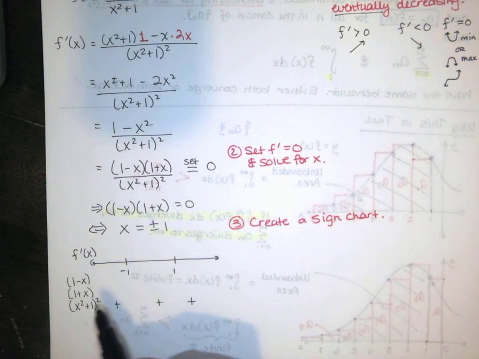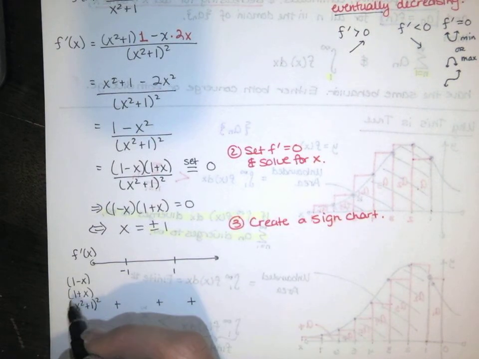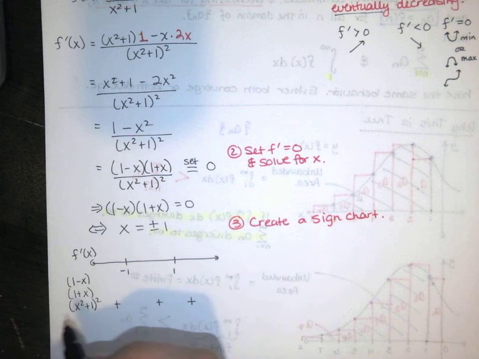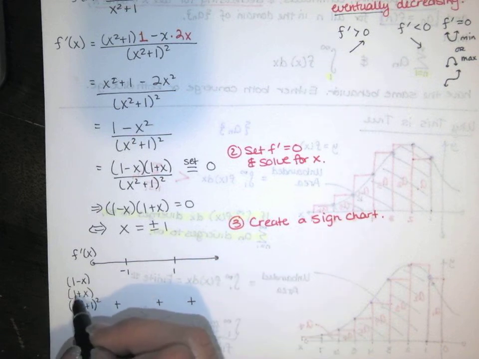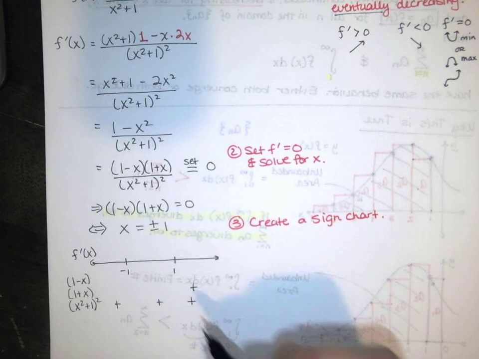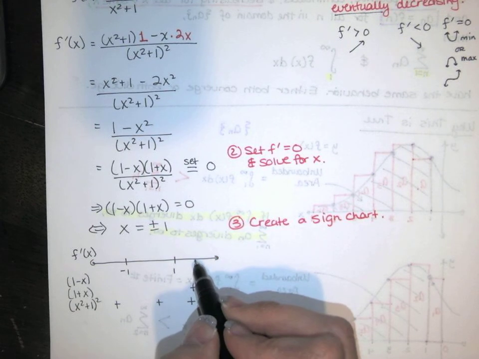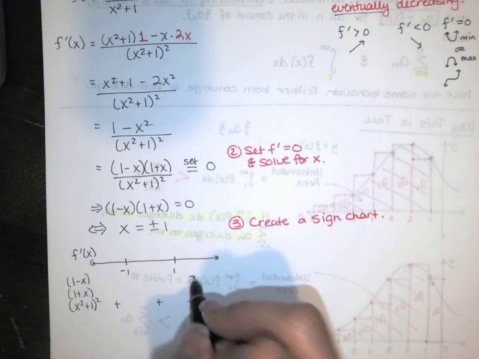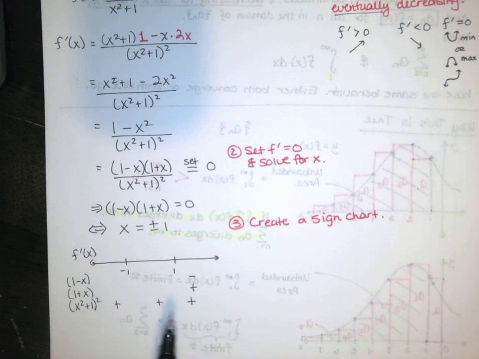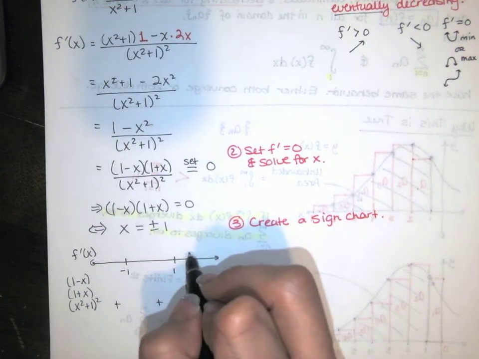When x is greater than 1, say x equals 2, we're going to get 1 plus 2, that's 3. That's positive. When x is greater than 1, say x equals 2, we'll get 1 minus 2, that's -1. So f prime is a negative times a positive divided by a positive. That's going to make it negative.